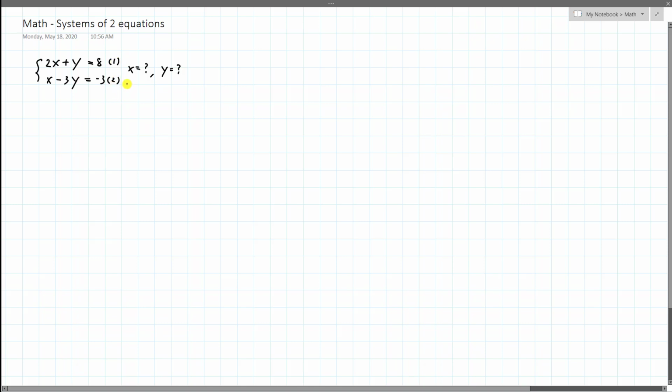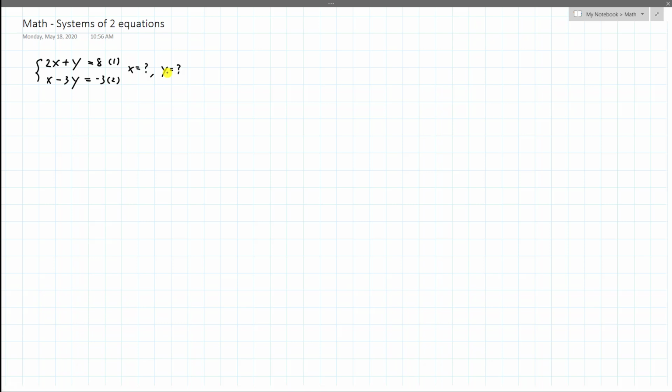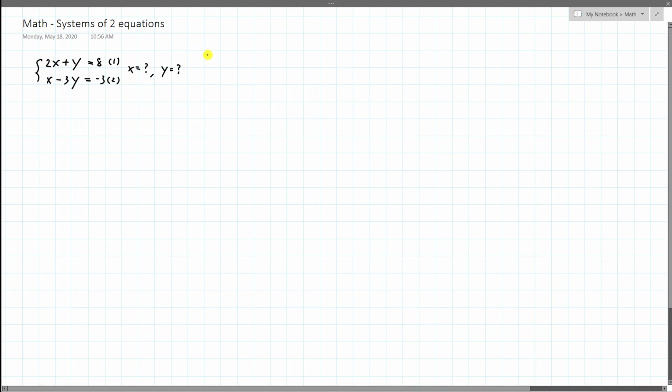So we recognize we have two equations, two unknowns, so that is a solvable situation unless the two equations are somehow conflicting with each other, such as x plus y equals 5, x plus y equals 3, and then is it equal to 5 or is it equal to 3, right? So alright, let's get started.